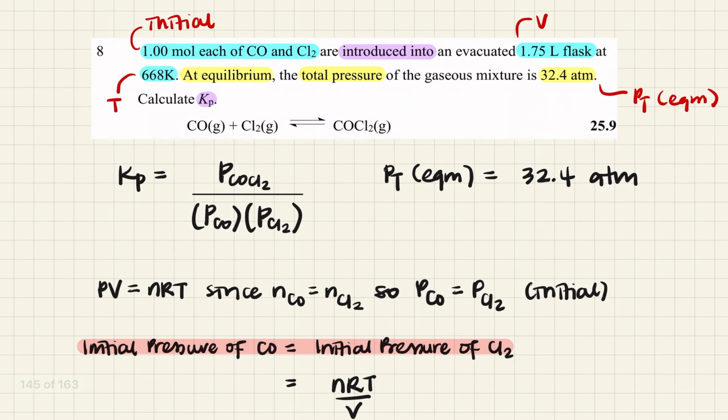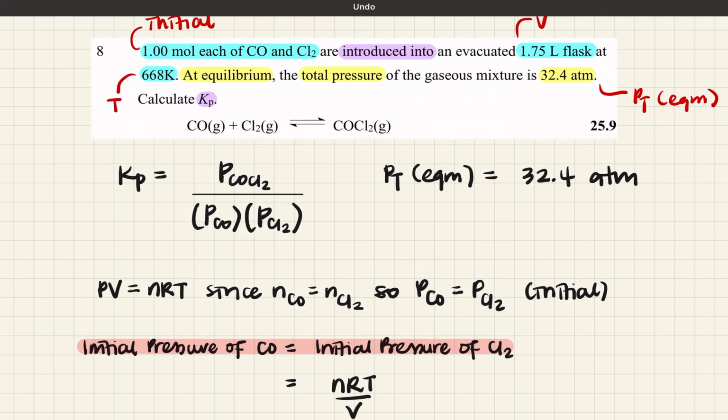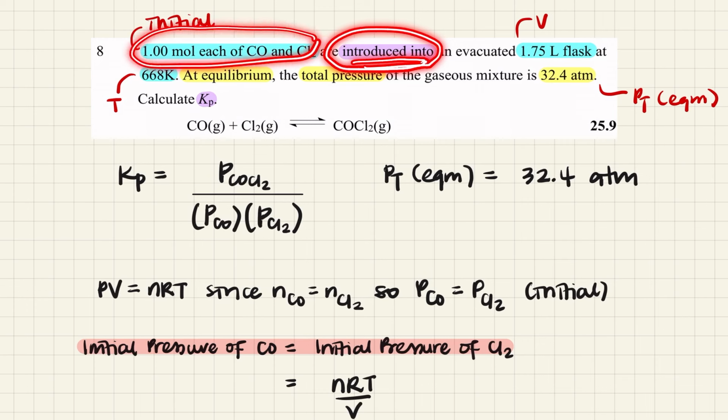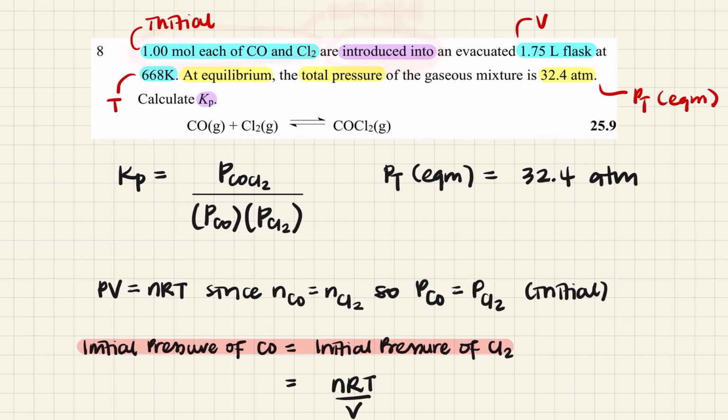So for number 8, the question says 1.00 mole each of carbon monoxide and chlorine gas are introduced into, so this is a hint, that means this is at non-equilibrium, or basically the initial number of moles of your reactants.